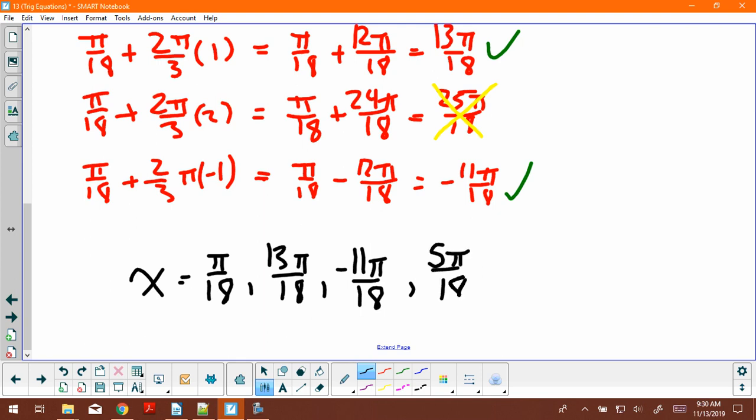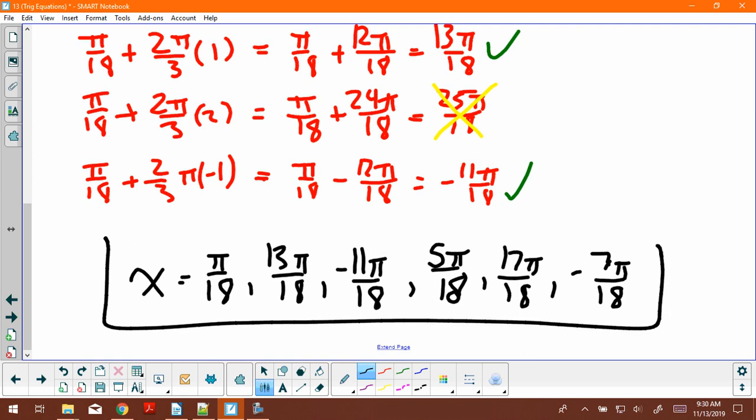From 5 pi over 18, we also get 17 pi over 18 if we move forward, and we get -7 pi over 18 if we move backward, and that's the extent of the angles. So our final solution: these are the 6 angles between -pi and pi that satisfy that equation.